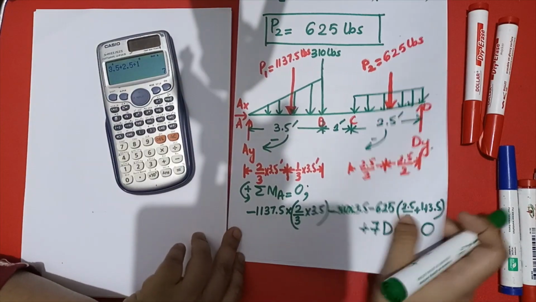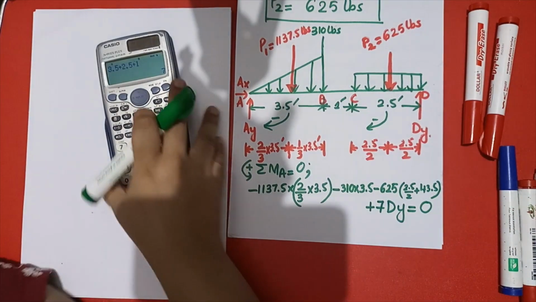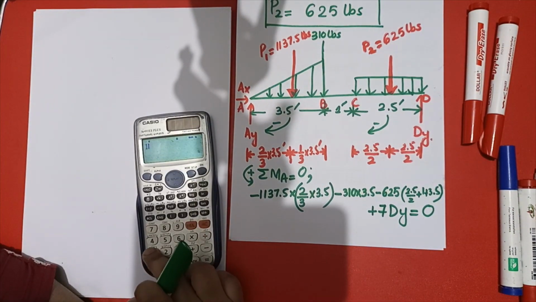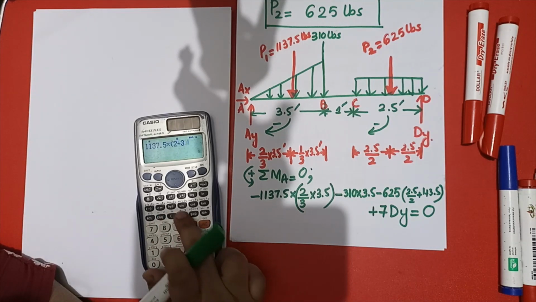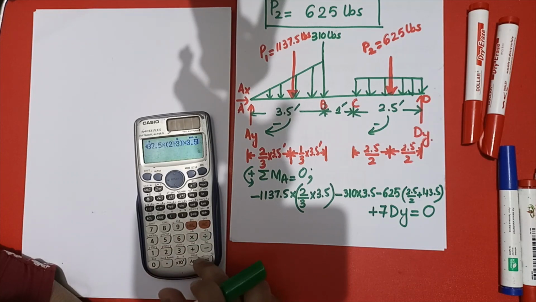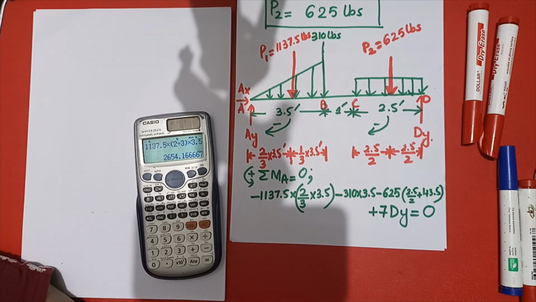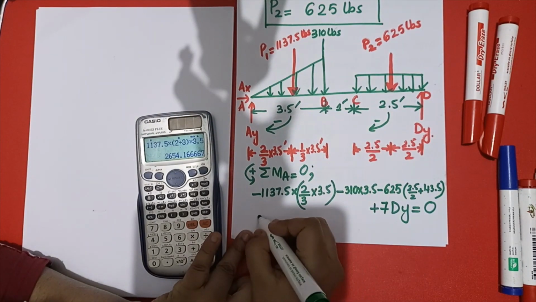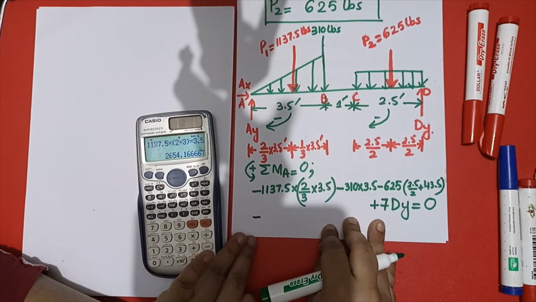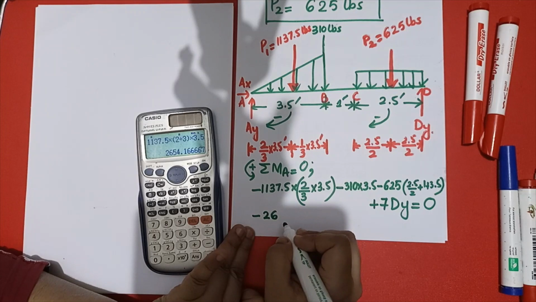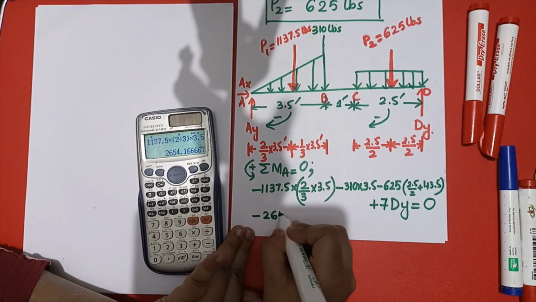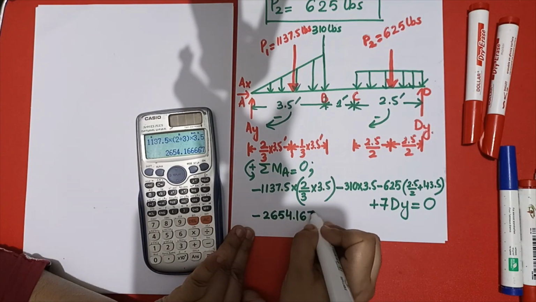So let me solve it out. 1137.5 multiplied by 2 divided by 3 multiplied by 3.5 comes out to be 2654.167.